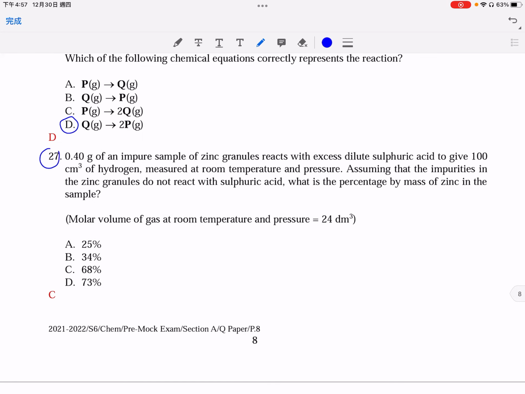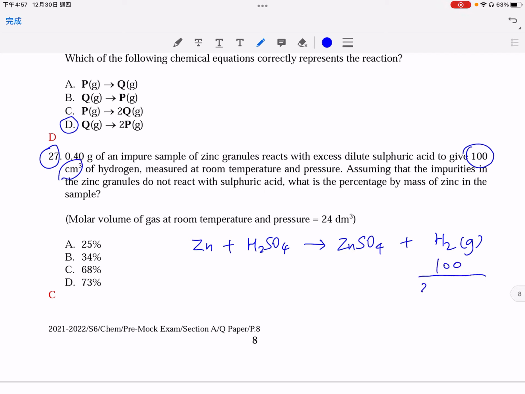Question number 27. First of all, the reaction is like this. Zinc reacts with the sulfuric acid to give zinc sulfate and hydrogen. Hydrogen being a gas, 100 cm cube of hydrogen gas. Then how many moles are there?